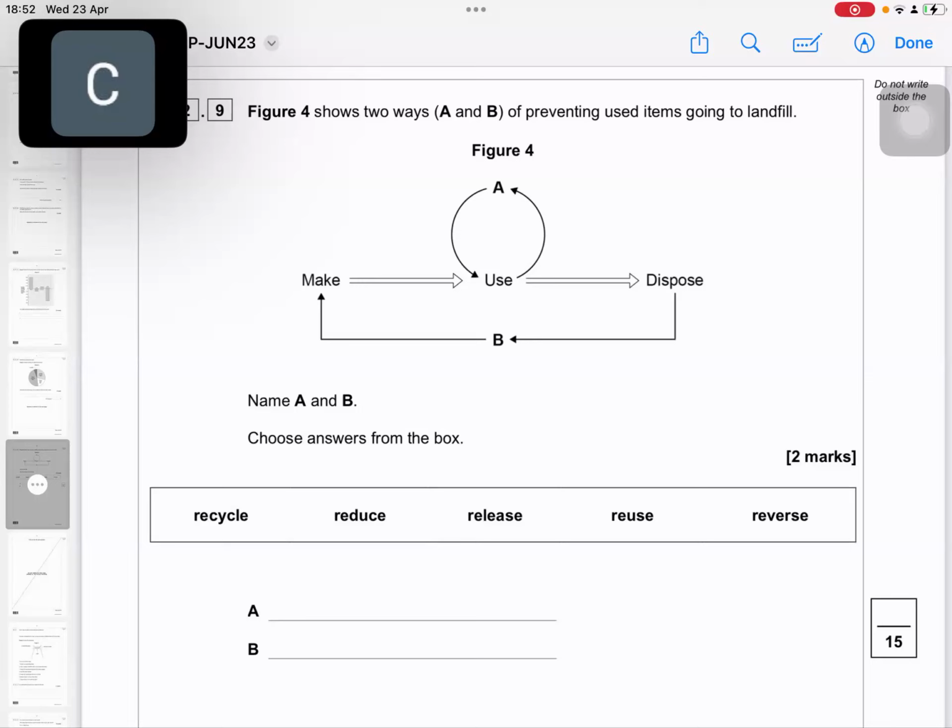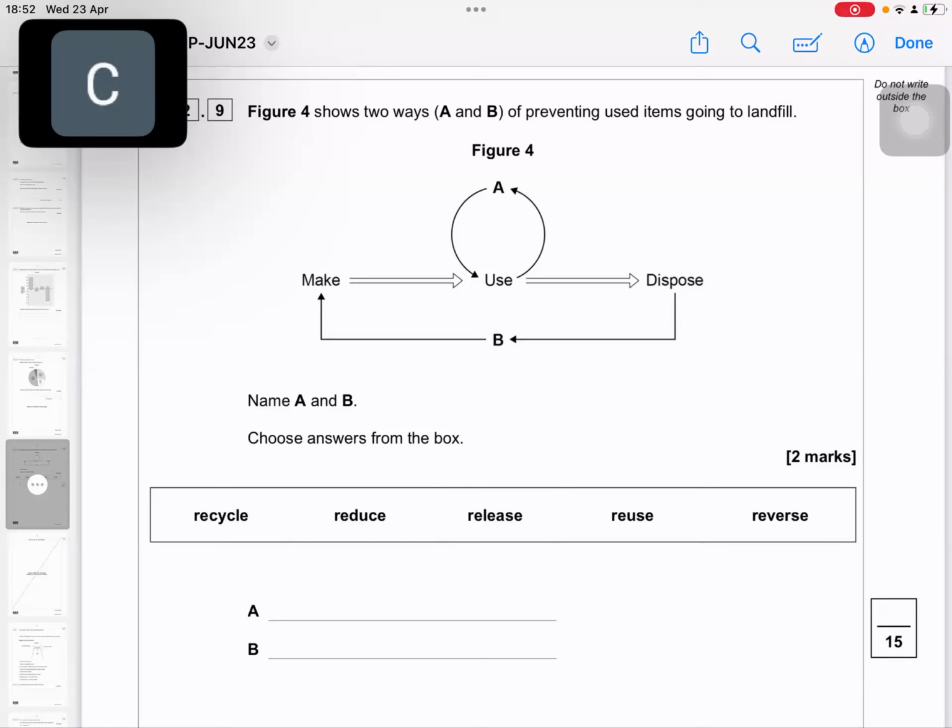Yeah. Okay. So if I were to give an example, imagine you have a Coke bottle. The first time you took the Coke from it, you are done with it, and then you decided, oh, I'm not going to dispose it.